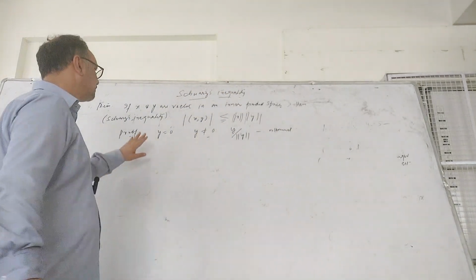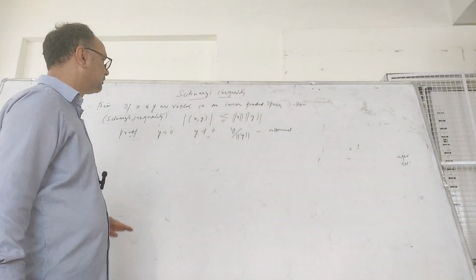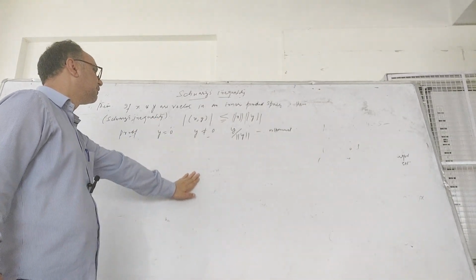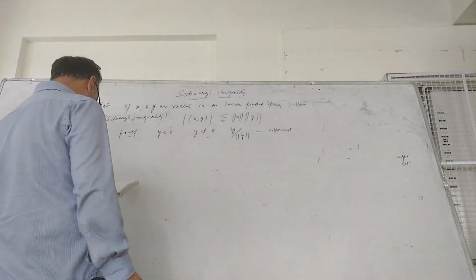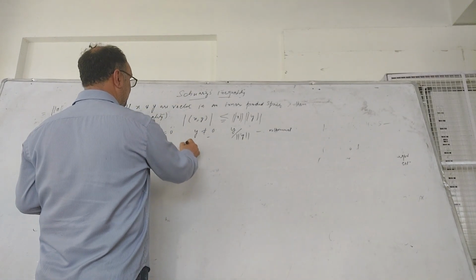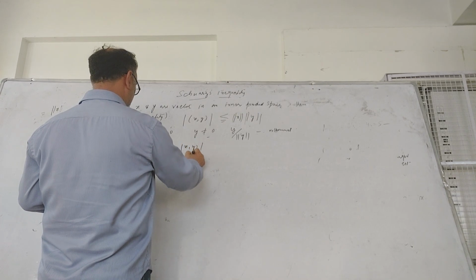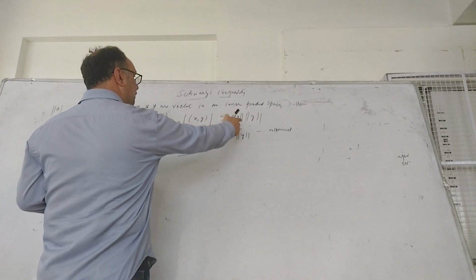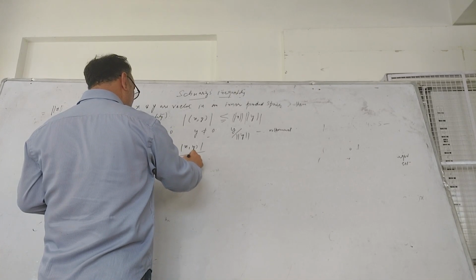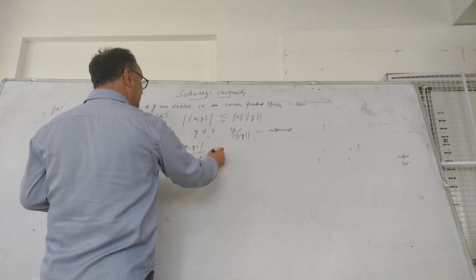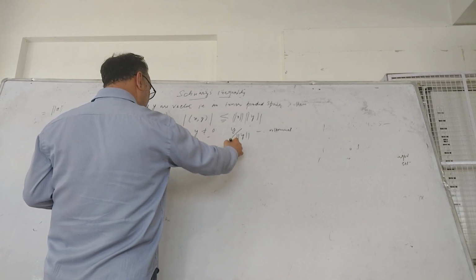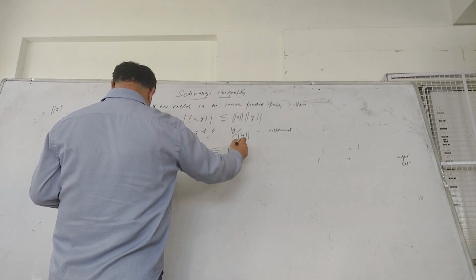So if it's not 0, that's fine, one of the elements can be this. So the inequality can take this form: modulus of y squared is less than or equal to modulus of x squared.